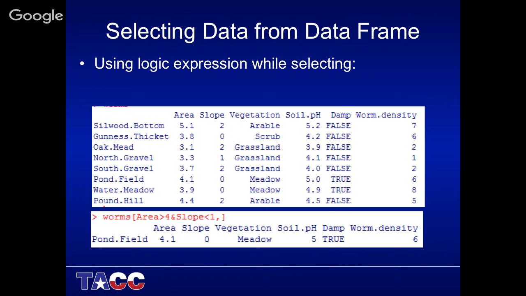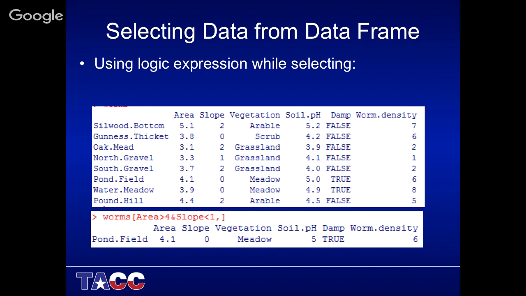I think this example is using logical operators to slice through a data frame. What we see here is we have the old data frame, and we say give me all the rows for the area column greater than 4 and slope less than 1.